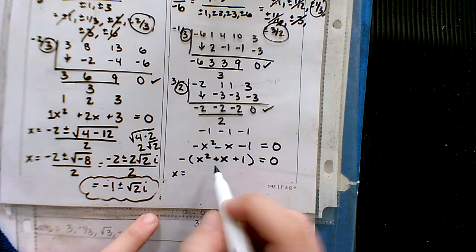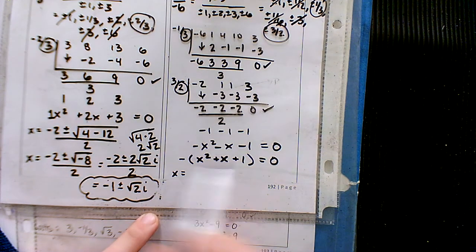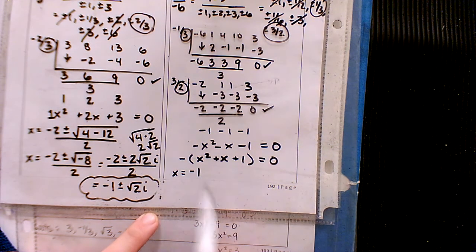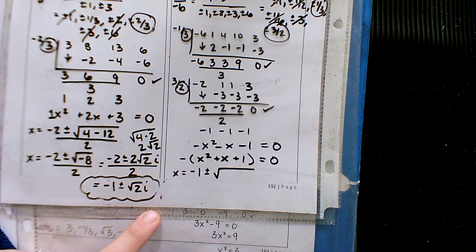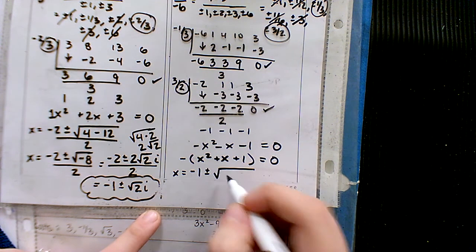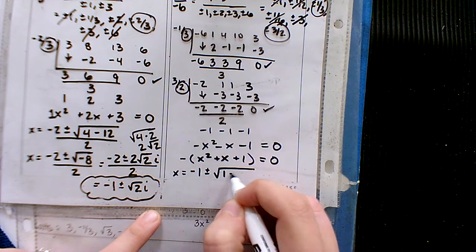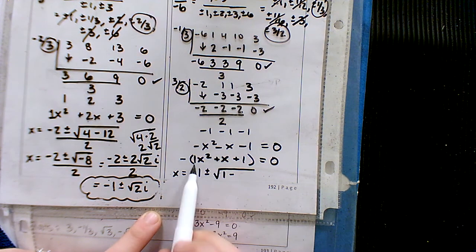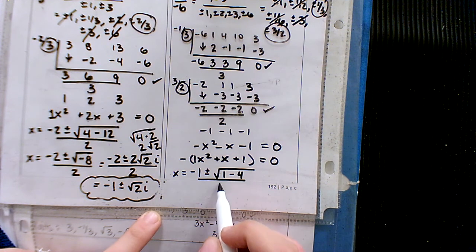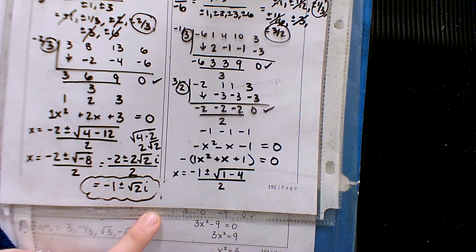We need the opposite of b. So since we took the negative out, our b value would be 1. Opposite of that would be negative 1. Plus or minus square root, b squared would be 1, minus 4 times 1 would be 4. All over 2 times 1, we'll get 2.